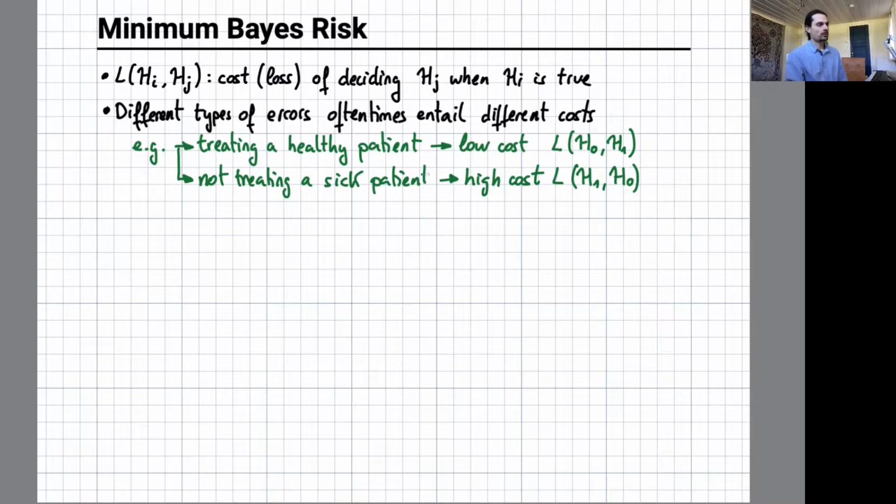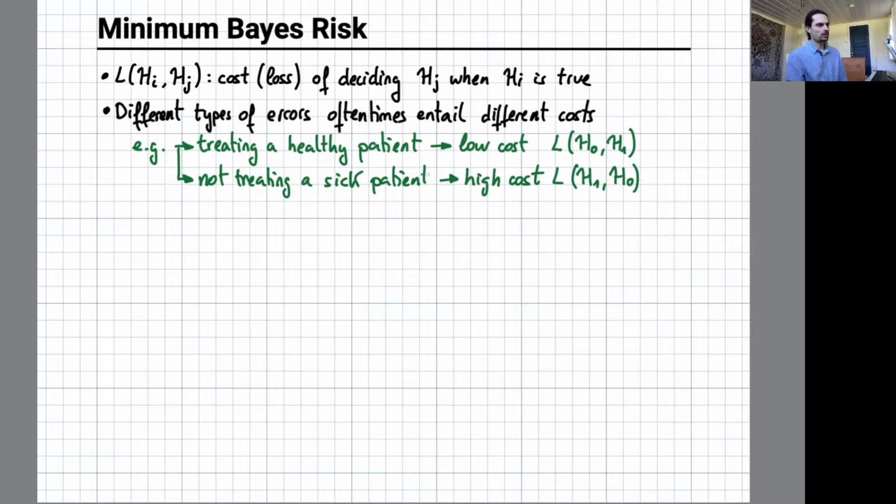So this, of course, has a negative impact on the health of the patient, but the cost is much smaller than the cost of the other kind of error, which would be determining that the patient doesn't have cancer when she or he actually has it, right?